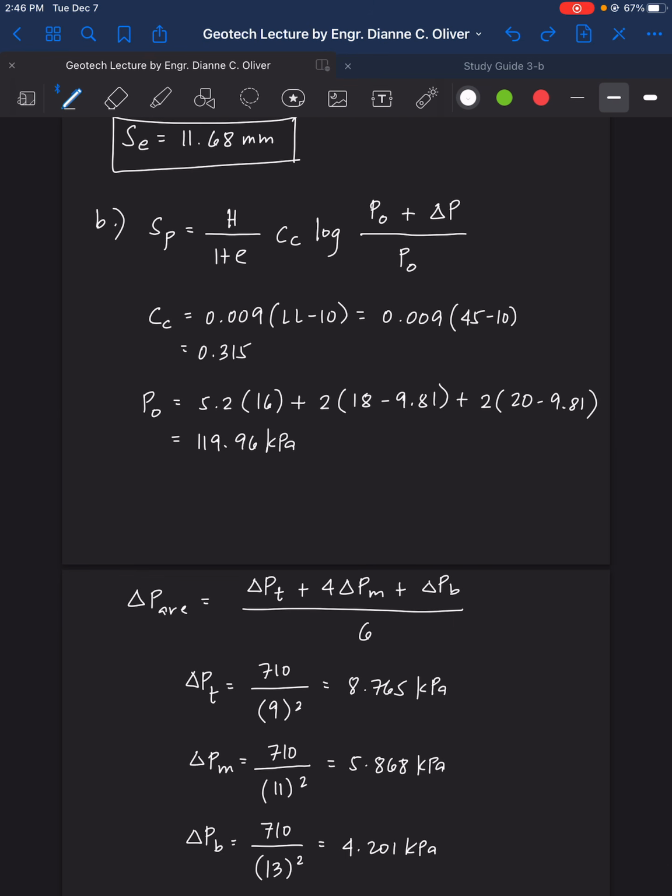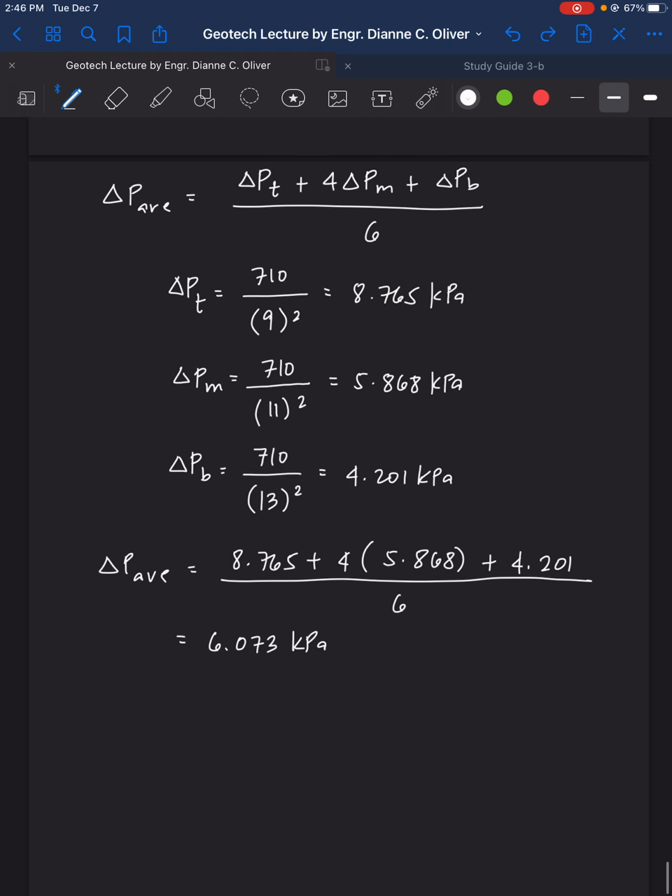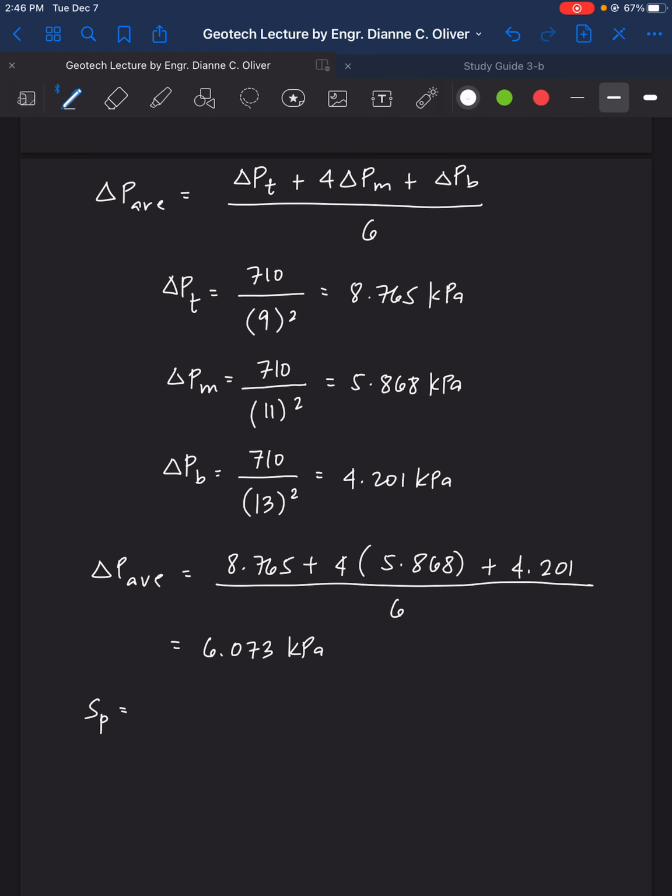Let's now substitute all values into our S sub P. So S sub P is equal to the height of the clay layer, 4,000 millimeters, over 1 plus the void ratio, 0.6, times the C sub C that we solved a while ago, 0.315, times log of P sub O, 119.96, plus delta P, 6.073, all over 119.96.